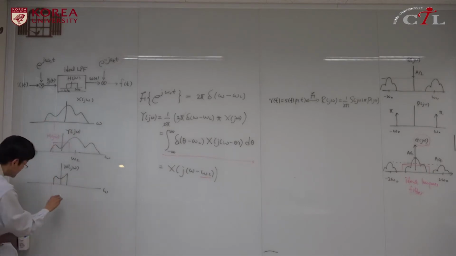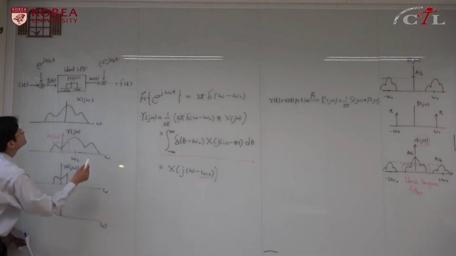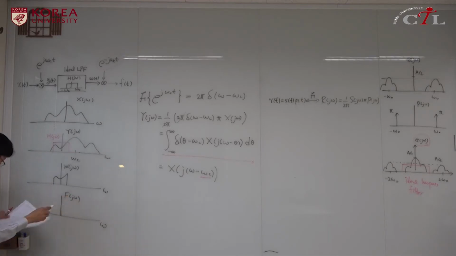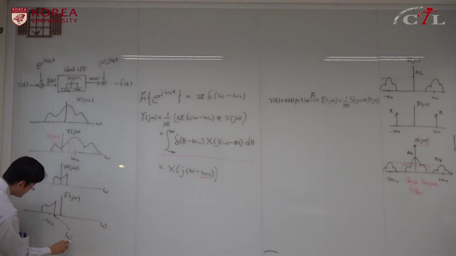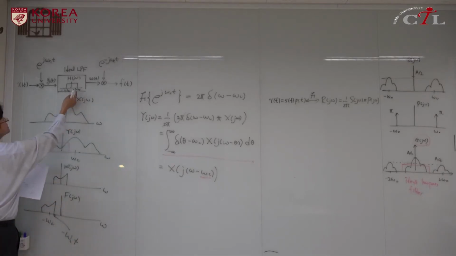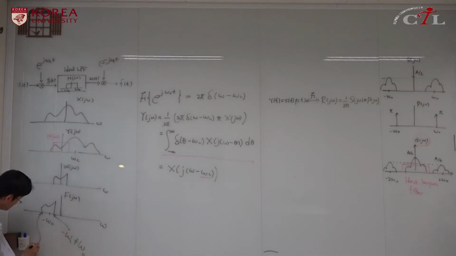So if you calculate it, you can easily see that F(jω) is, here's minus ωc, and it will look like this. This is minus ωc plus ω0. And this is minus ωc minus ω0.